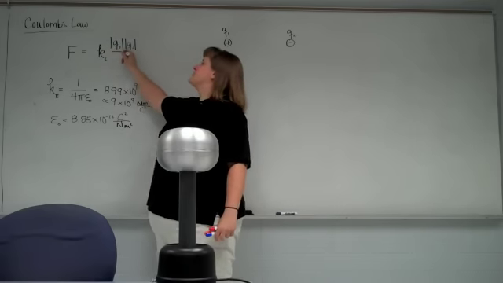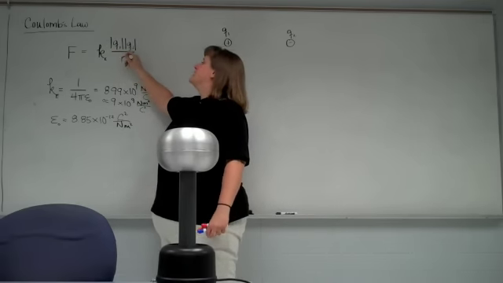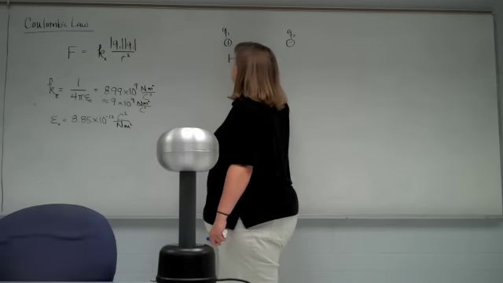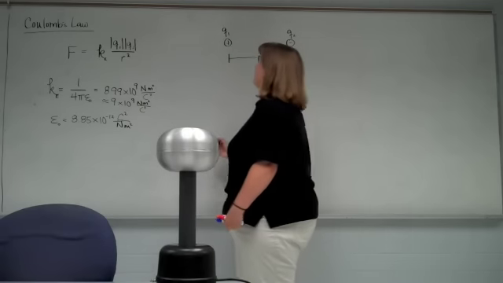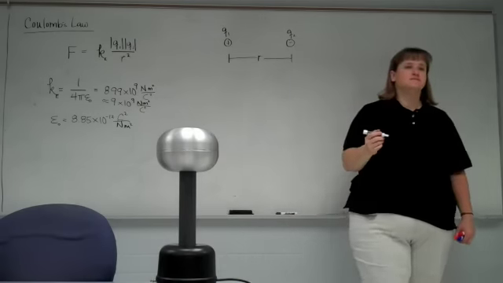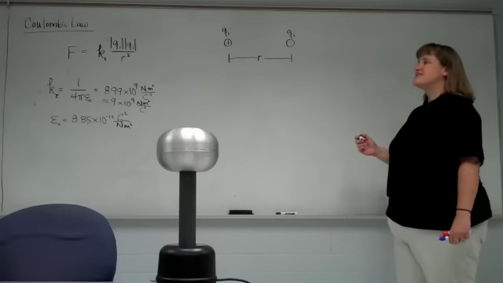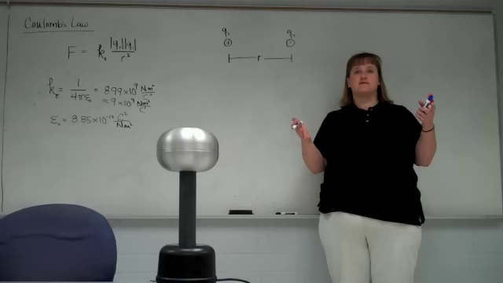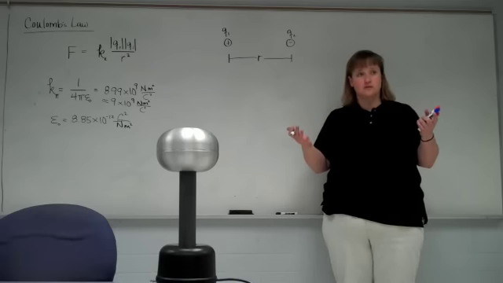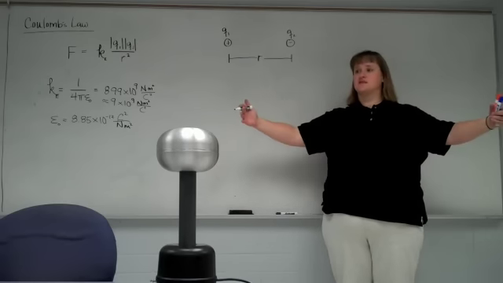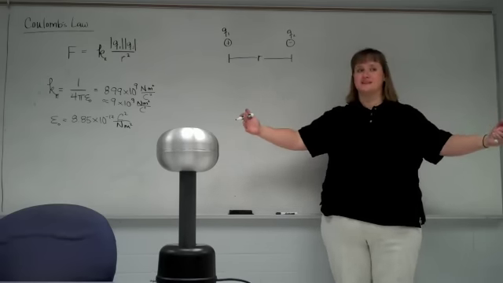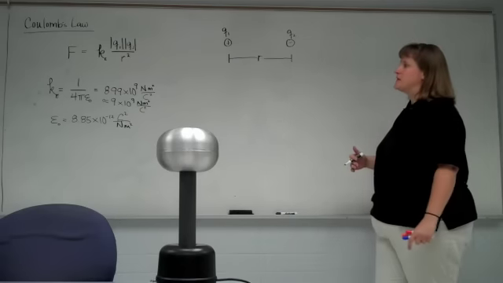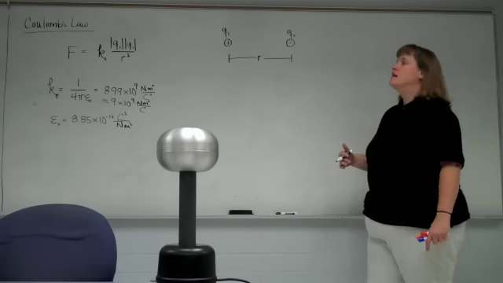The other piece of information that's important is the distance between them, center to center. This is an inverse square law. That means if the distance doubles, the force decreases by a factor of 4. If the distance triples, the force decreases by a factor of 9. You have to square that change in distance. Yeah, it looks awfully like Newton's law of gravitation.